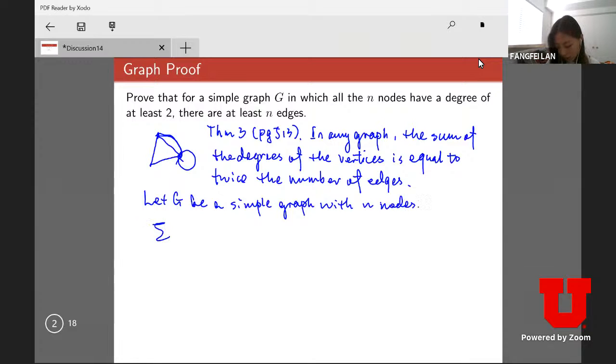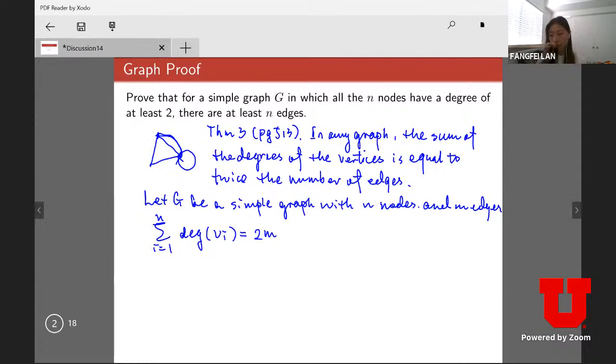Then this is what it says: the sum from i equals 1 to n of the degree of vi together would equal 2m. Does this make sense?